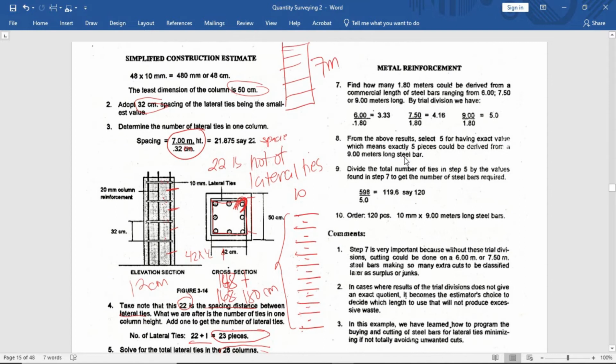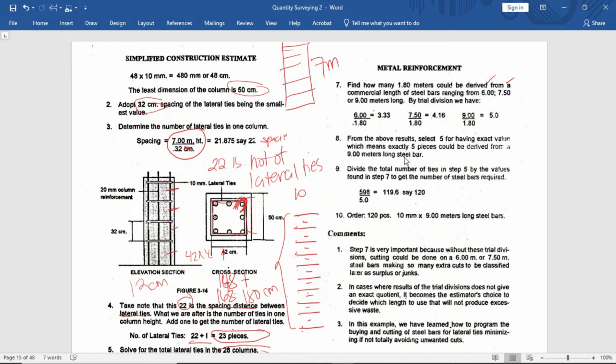So, after that, we compute for how many 1.8 meters could be derived from a commercial length of steel bars ranging from 6, 7.5, and 9 meters long. So, we try by division. Try natin ang 6 meters.